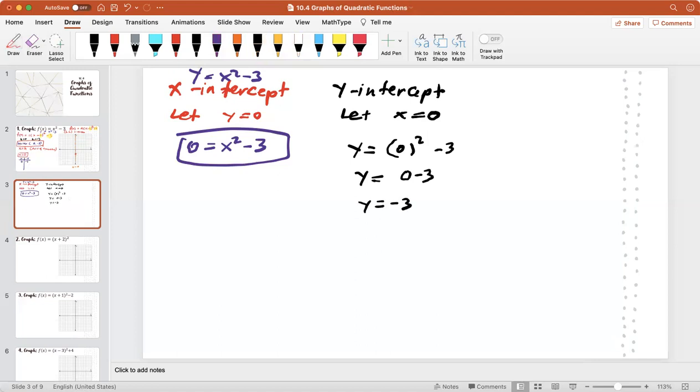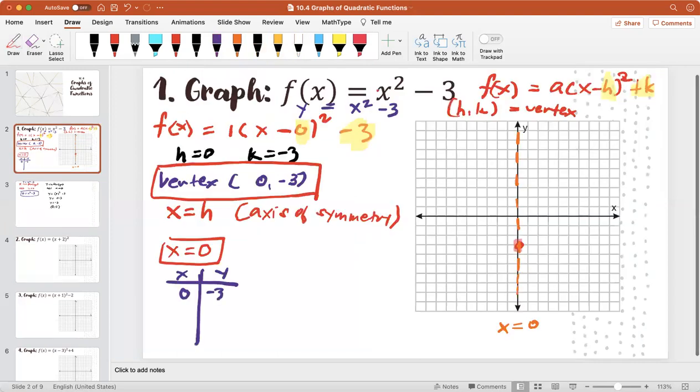All right, so that's one of our points: (0, -3). But that's actually your vertex. And so your vertex happens to be your y-intercept. So it's the same point as (0, -3).